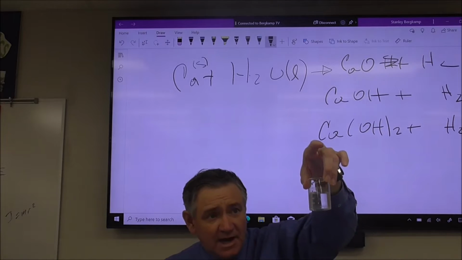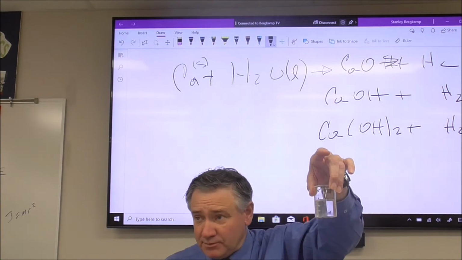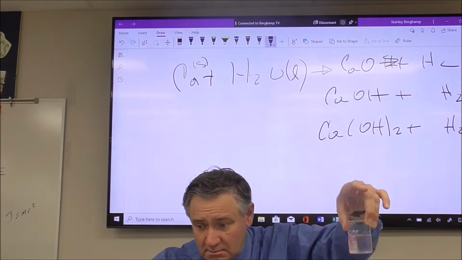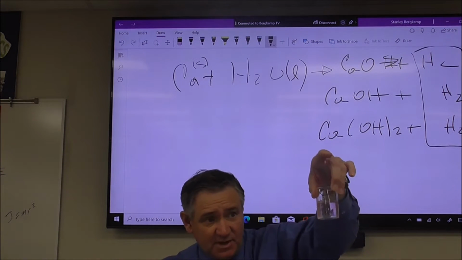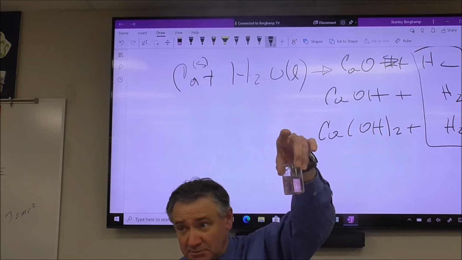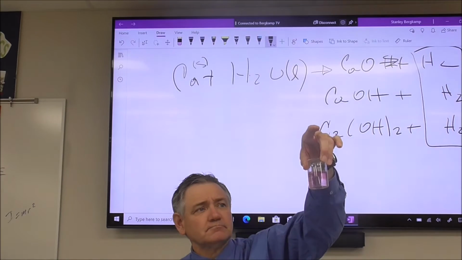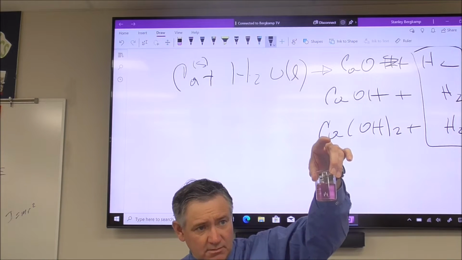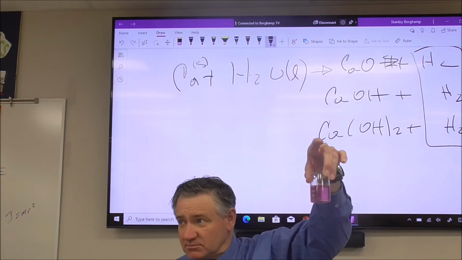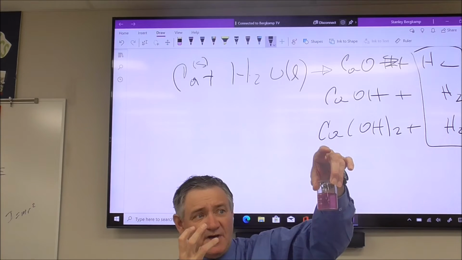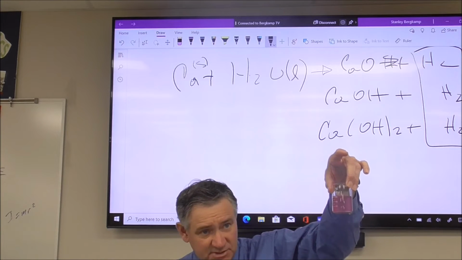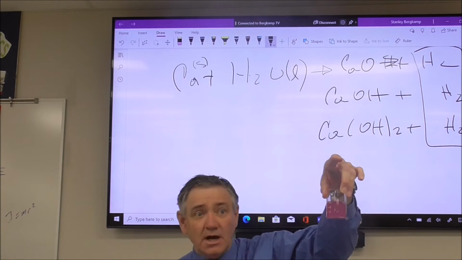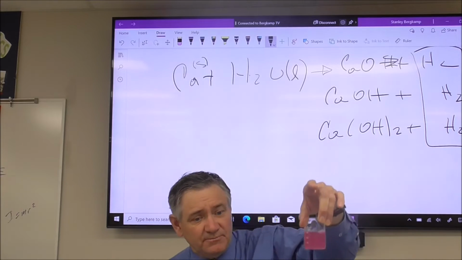Now, I'm getting a lot of bubbles being produced, so that indicates that I'm producing hydrogen gas. Now, what color is the solution turning? Turning magenta, right? Because it's turning this magenta color, what are you producing? Hydroxides.